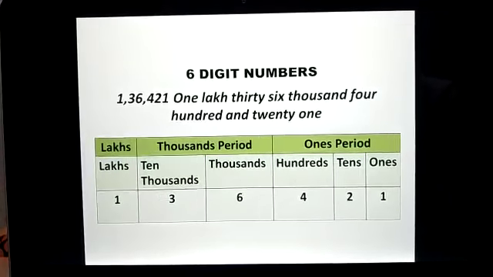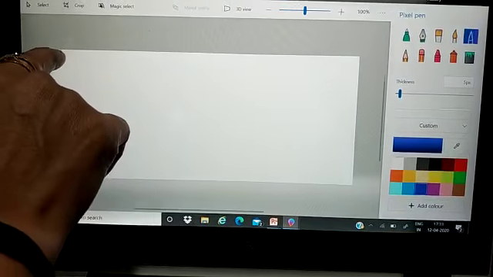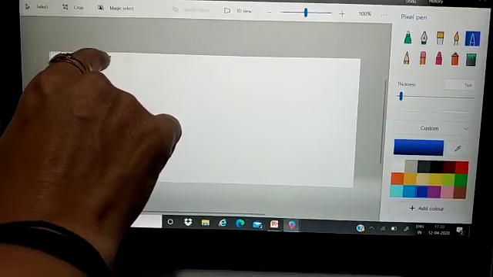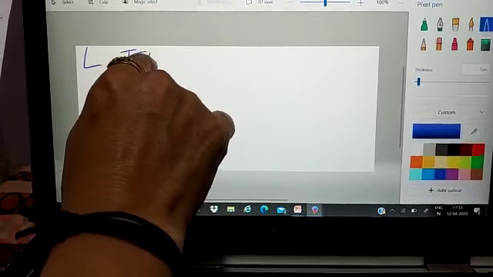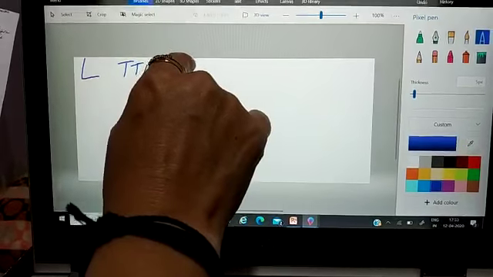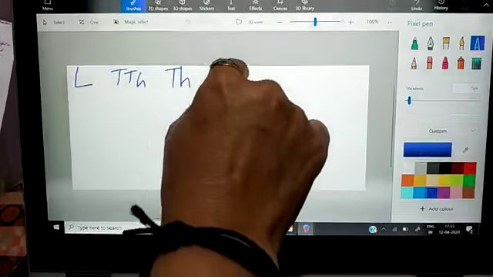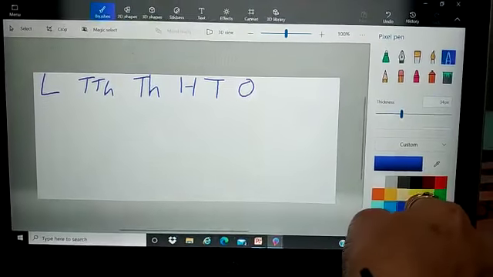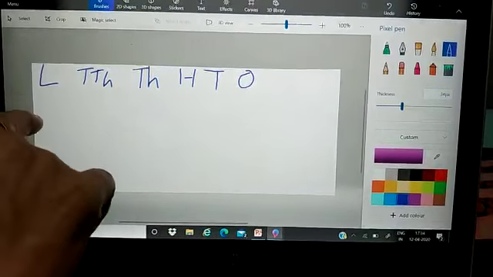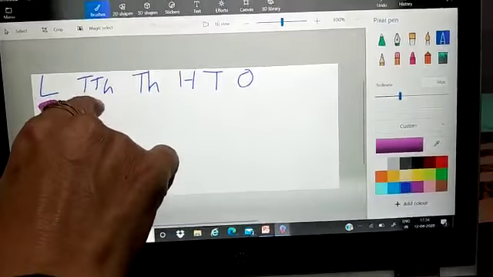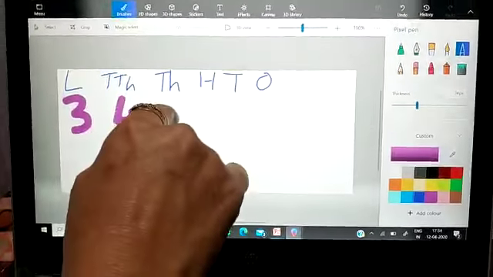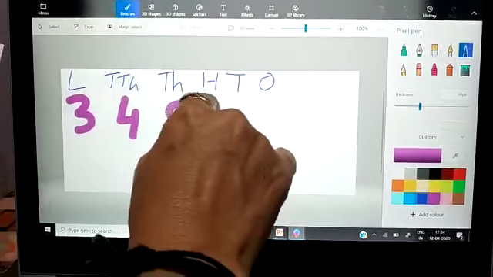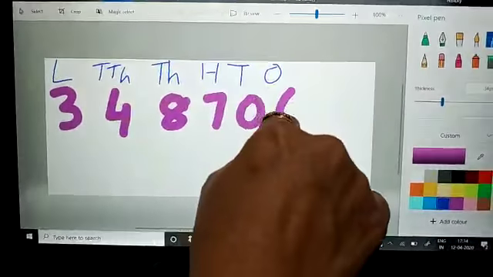I'll give you an example. Let's write the number. Okay, so let us write it as 3,48,706.